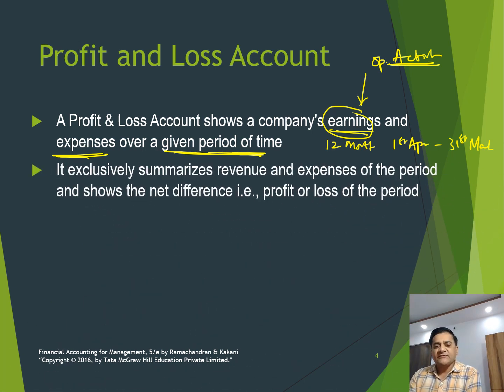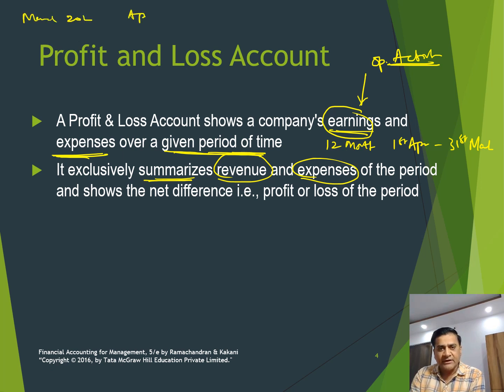It exclusively summarizes, it is a summary, not all the transactions are recorded. Summarizing the revenue and expenses. What does this mean? It doesn't show all the expenses or all the revenues. Say for example, in the month of March, my sale was 20 lakhs. In April, it was 40 lakhs. In May, it was 60 lakhs. In June, it was 10 lakhs.